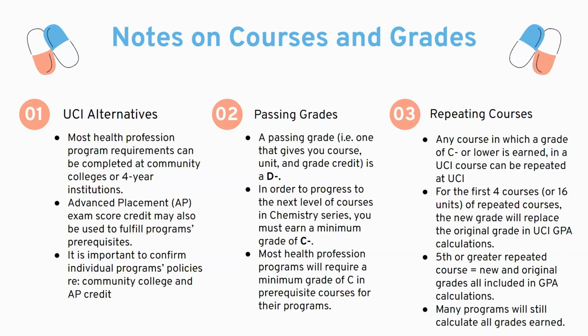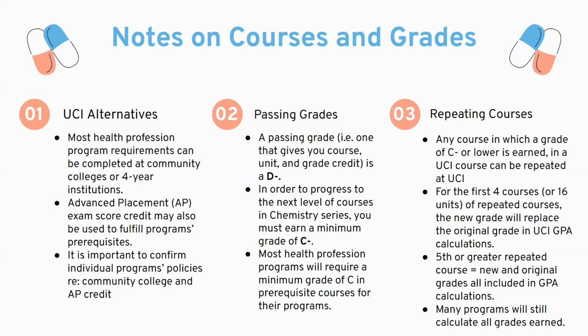Another important note on the courses is that technically for classes at UCI, a D minus is considered passing in that it gives you unit credit and grade credit for any course you take and earn a D minus or higher. But in order to progress to the next level of courses in chemistry, you must earn a minimum grade of C minus in that class in order to be able to move forward.